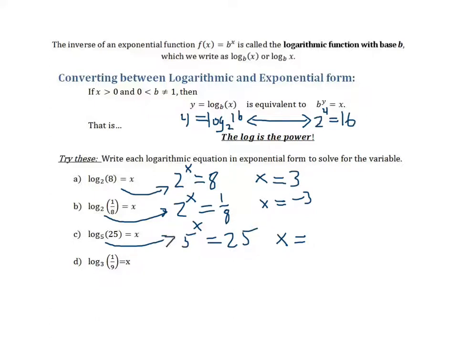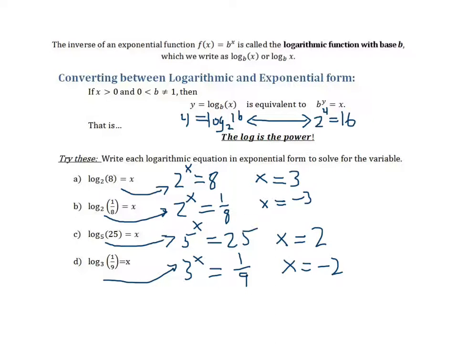The base here is 5. So a base of 5 to some power is 25, and x would have to be 2. Here we have a base of 3, so 3 to some power is 1/9. Again, we see the fraction, so we got the 1 on top, which means x is going to have to be negative. So x is negative 2.